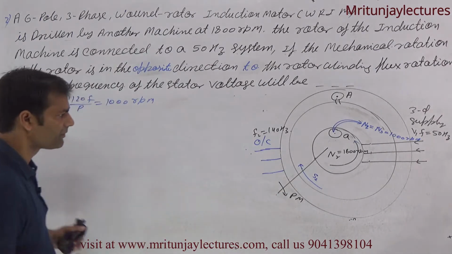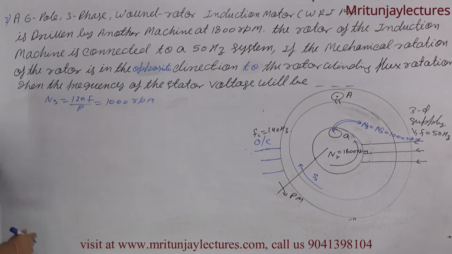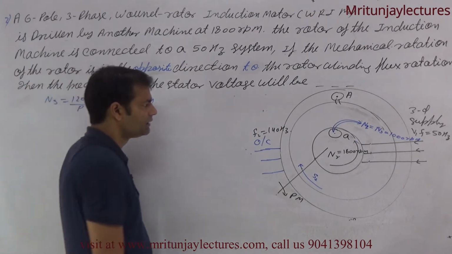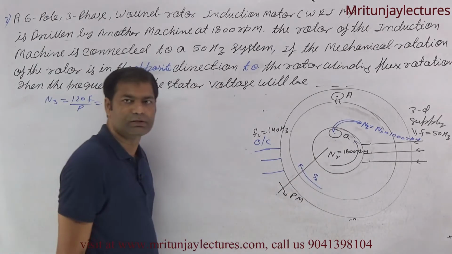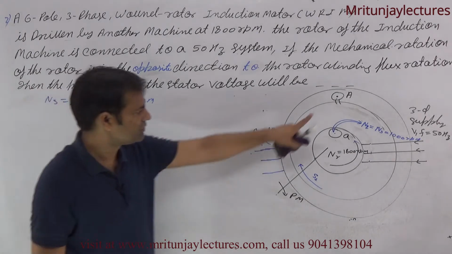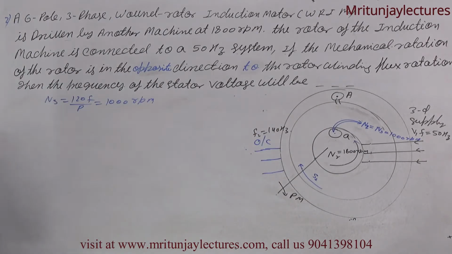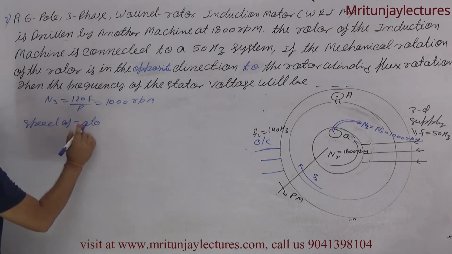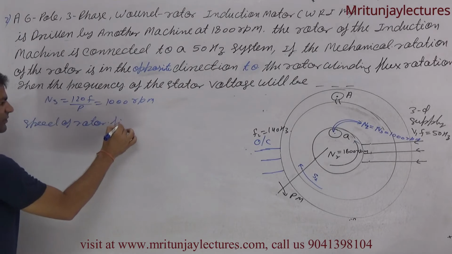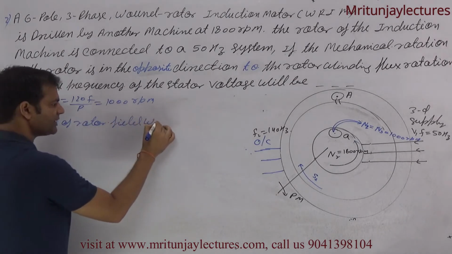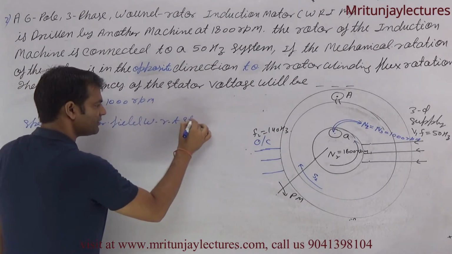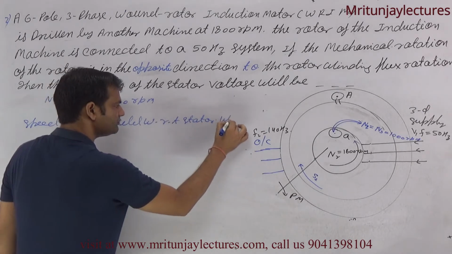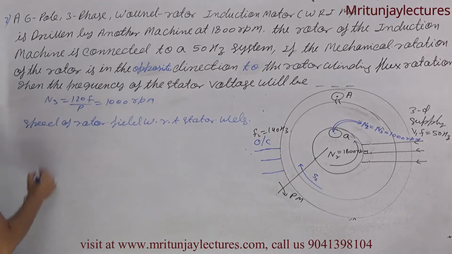Now what about the speed of the rotor field with respect to stator winding? So written as the speed of rotor field with respect to stator winding. Okay, that is delta n.